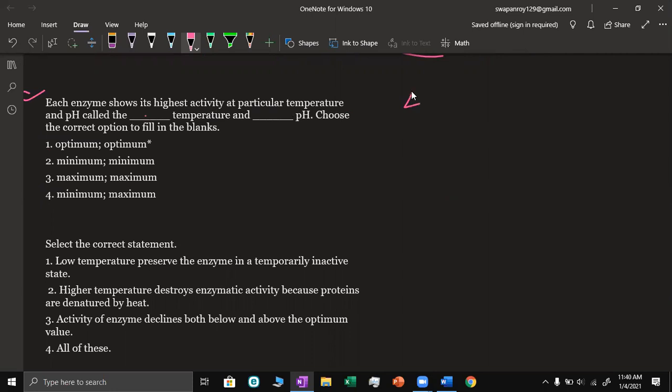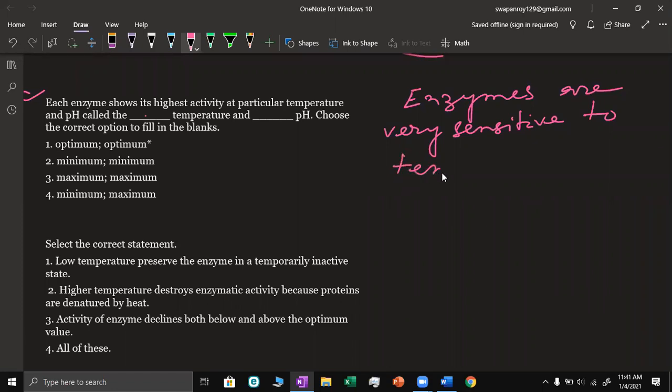Enzymes are very sensitive to temperature and pH of the medium.